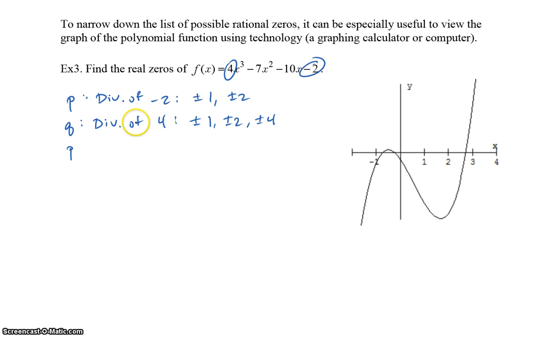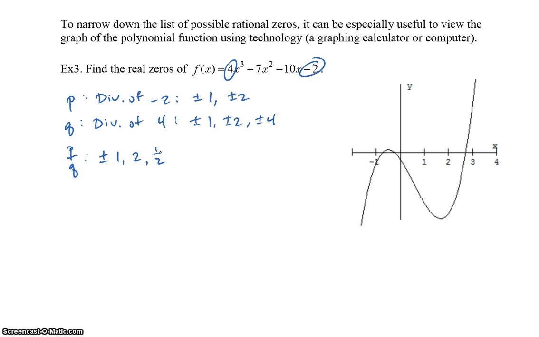So if we form all possible p over q's, if we take 1 and 2 and divide by 1, we get 1 and 2 again, plus or minus 1 or 2. If we take 1 or 2 and divide by 2, we get 1/2, 1 over 2, and 2 over 2 is 1, so we don't need to list that again.